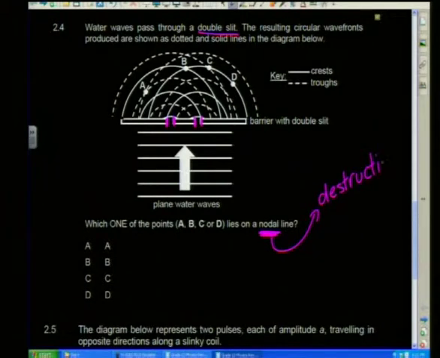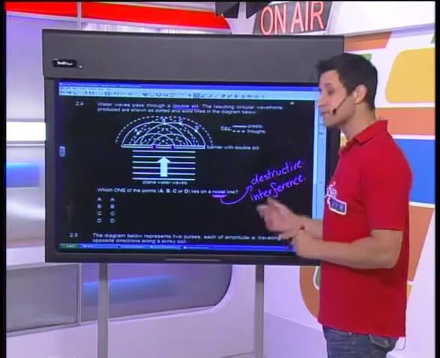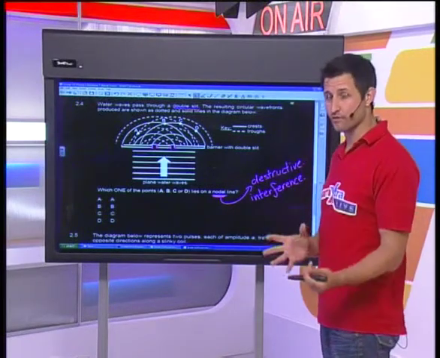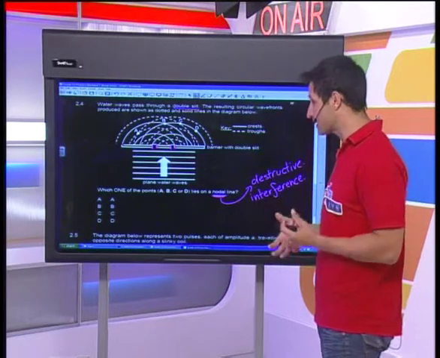So what I've got to do is find a place where destructive interference is going to take place. Now destructive interference, I've got to remember how to get that to happen. Well, destructive interference happens when I've got a crest and a trough, so 2 opposites which meet each other.